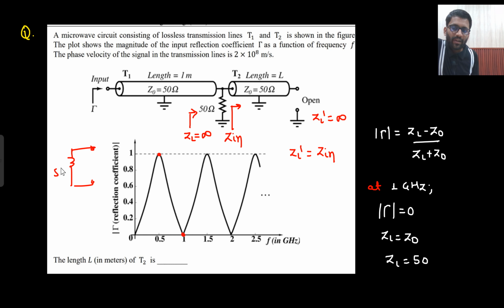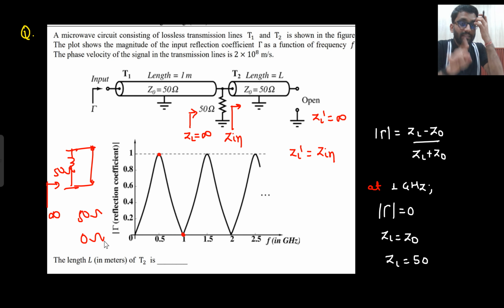You connect any kind of impedance, you can never make this impedance equal to infinity. Here 50 ohm and in parallel there will be some impedance. So no matter whatever you connect here, your impedance can never be infinity. If you connect open circuit, then impedance will be 50 ohm. If you connect short circuit, then impedance will be 0 ohm. So you can never make your ZL go to infinity. That's for sure.